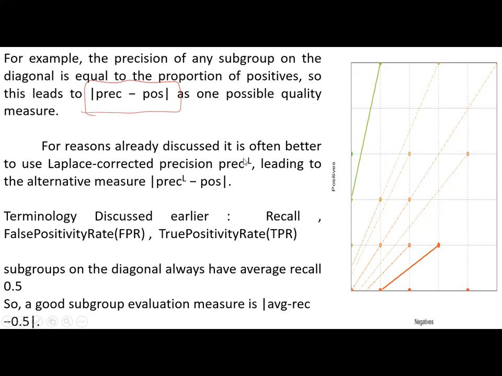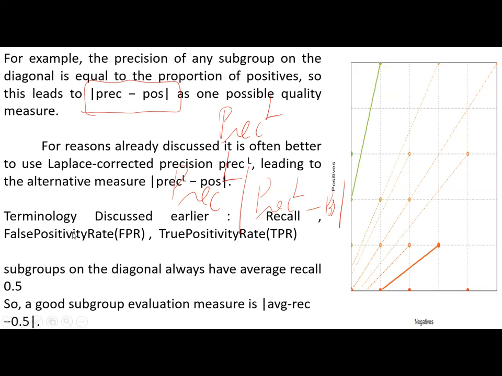For reasons already discussed, it is often better to use Laplace corrected precision, called precision power L, leading to the alternative measure: the absolute value of precision power L minus pos.